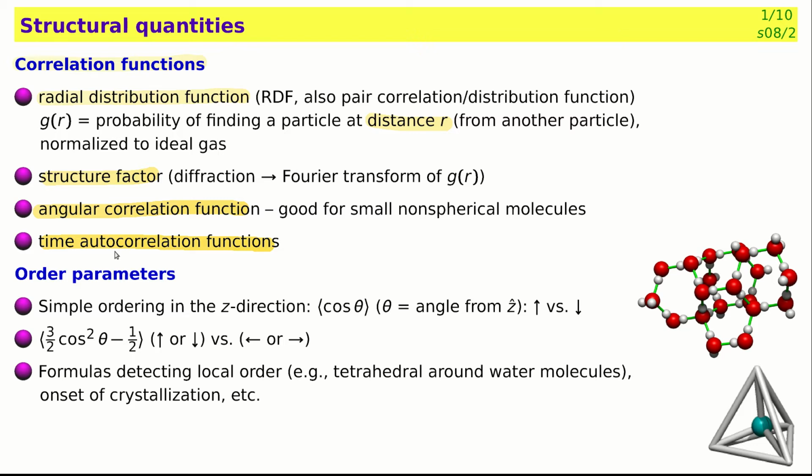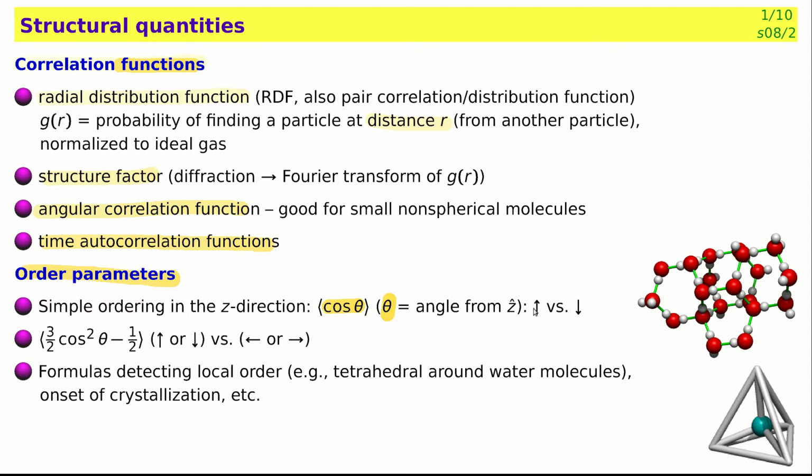The second type are order parameters. These are functions. Order parameters are numbers. The simplest example is just average cosine of angle. I mean the theta angle is the angle from the z-axis.